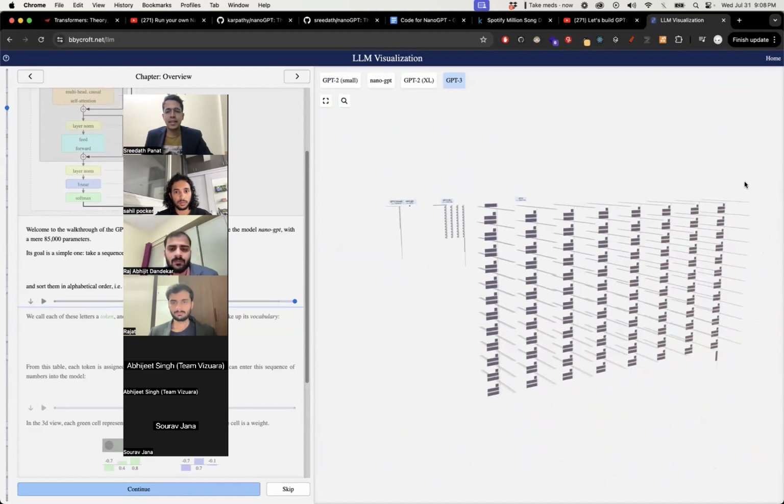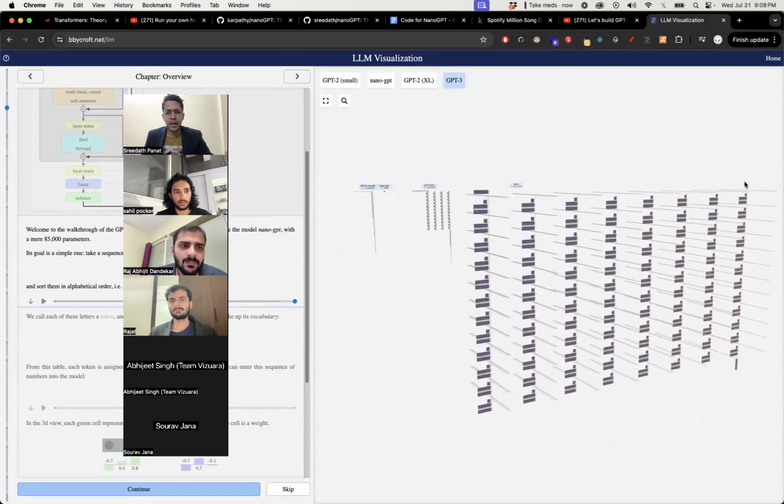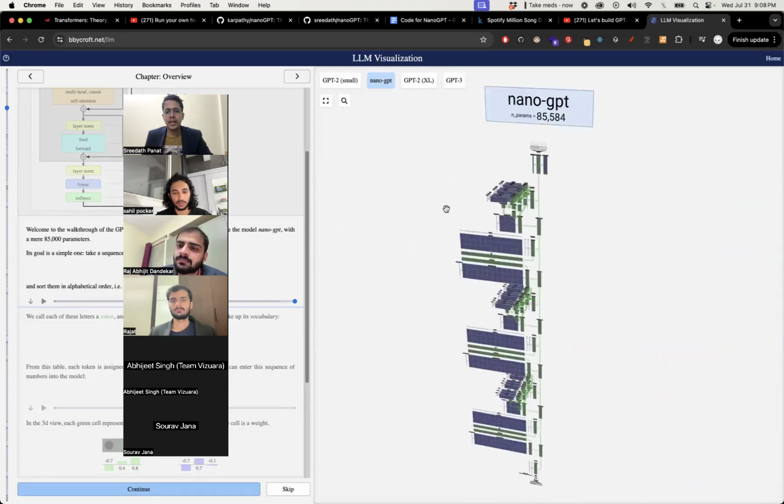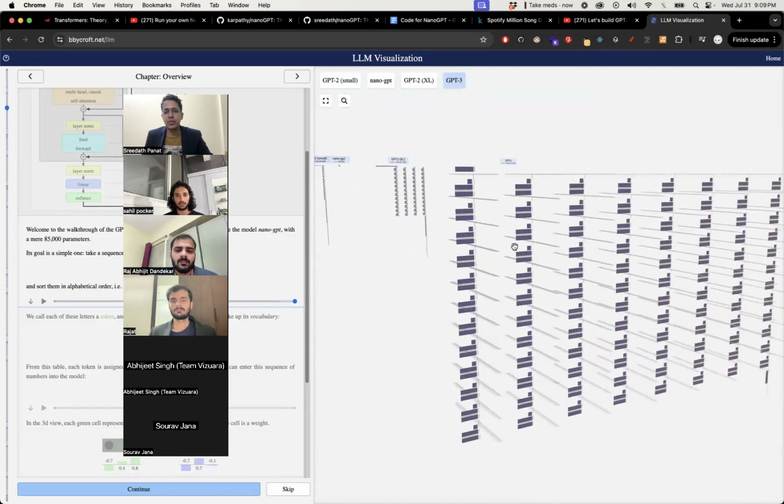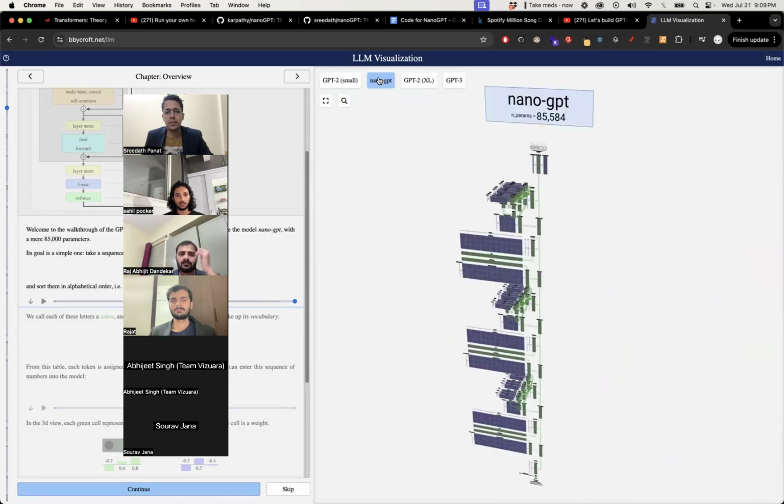Recently Llama had 405 billion parameters or something. Nano GPT is, as the name suggests, much smaller. You can see that I'm zooming in so much. If I click on GPT-3 here, you have to zoom out so much, and Nano is like a dot here. So Nano GPT is very, very small.